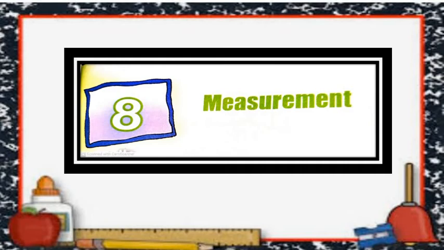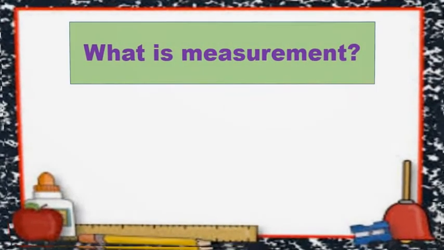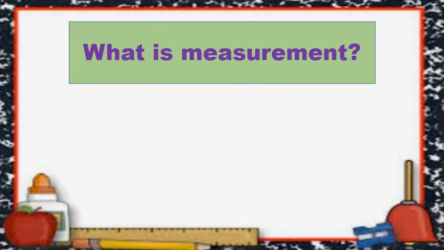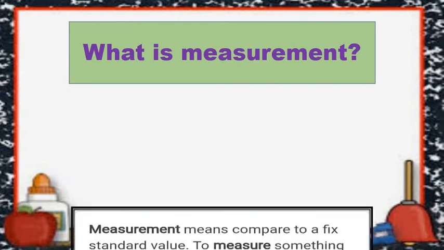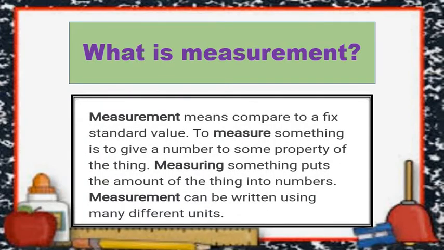Chapter 8, measurement. What is measurement? Measurement means compared to a fixed standard value. To measure something is to give a number to some property of the thing.